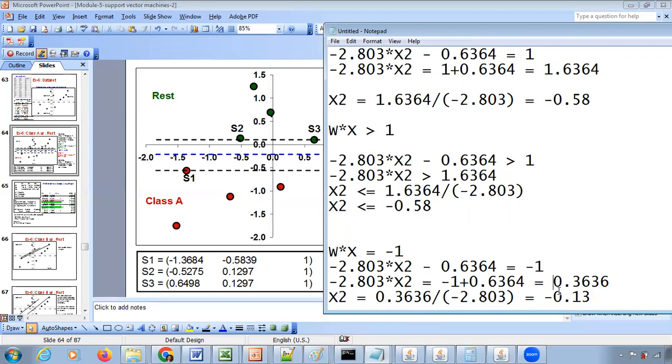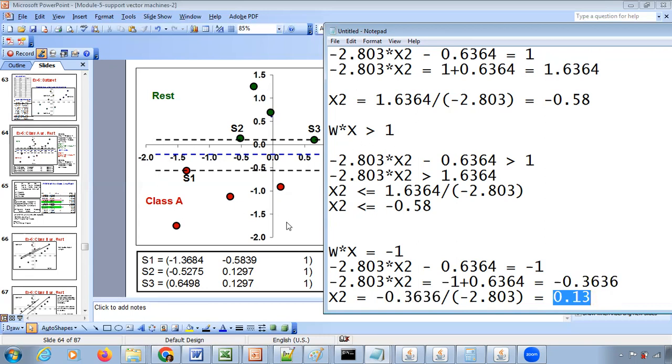Oh, okay, I'm sorry. -1 plus 0.6364 is negative 0.3636. So this should have been negative as well. Negative divided by negative is going to be a positive. So x2 equals 0.13, a positive value. So -1 plus 0.6364, taking it to the other side, is negative 0.3636. That divided by negative 2.803 is 0.13. So x2 equals 0.13 really goes to that point.